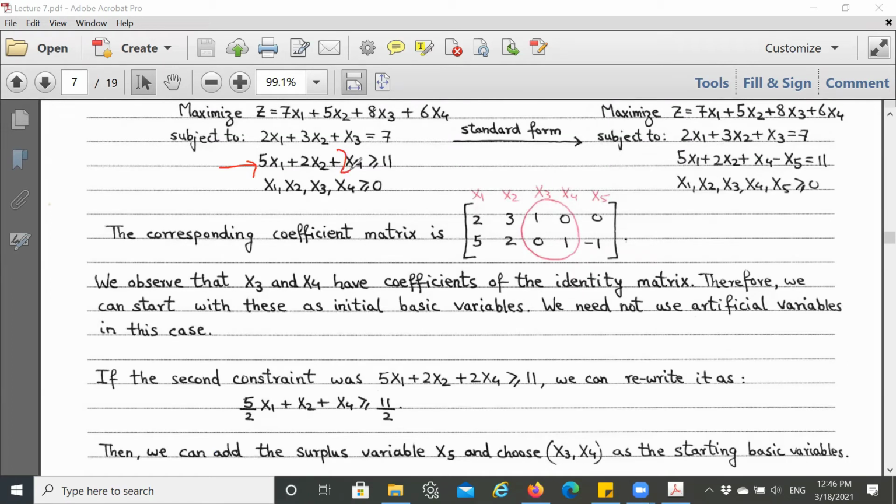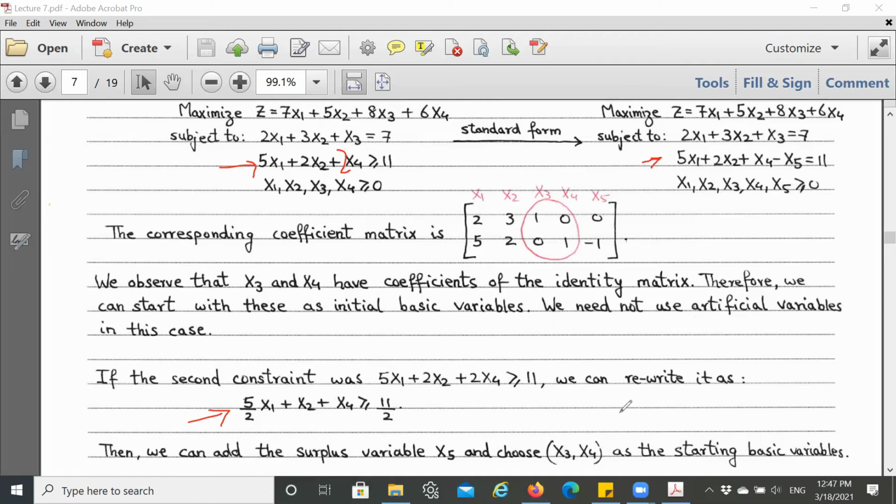But we want to obtain this identity matrix, so I could have rewritten this by dividing the whole thing by 2, so I get this. And when I do this, I then convert it into this form, which is the standard form.